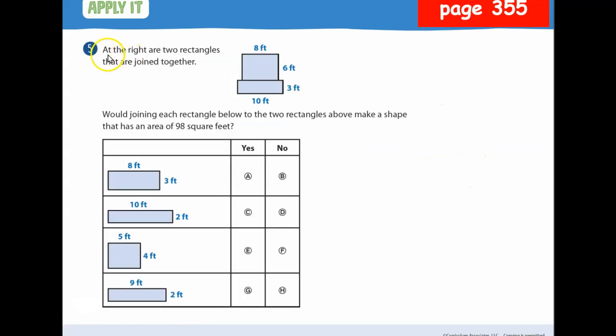It says at the right are 2 rectangles. So there's 2 rectangles right here that are joined together. Would joining each rectangle below to the 2 rectangles make a shape that has an area of 98 square feet?